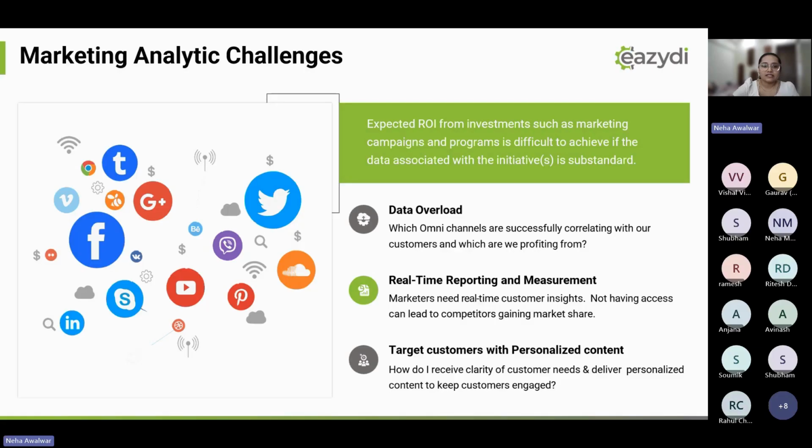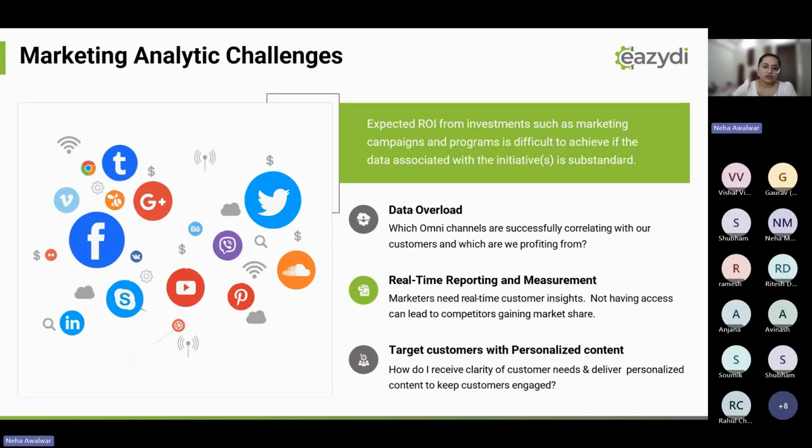Second, lack of real-time insights: waiting days or weeks for reports can mean losing ground to faster-moving competitors. Third, personalization gaps: without clear data on customer needs, delivering relevant and personalized content becomes a guessing game. So you can see that the numbers say it all. Expected ROI is difficult to achieve if the data is substandard and unclear.